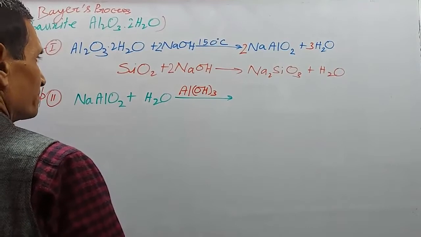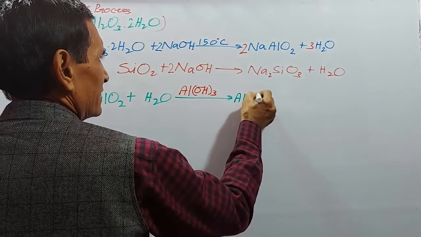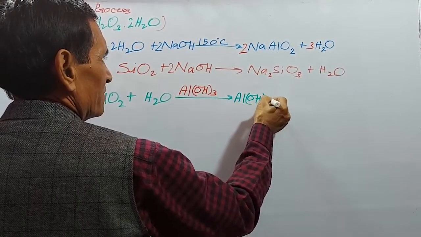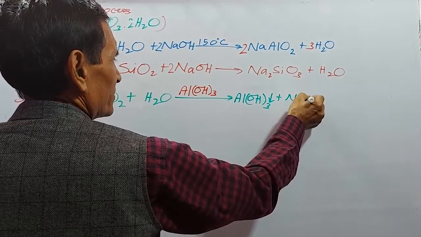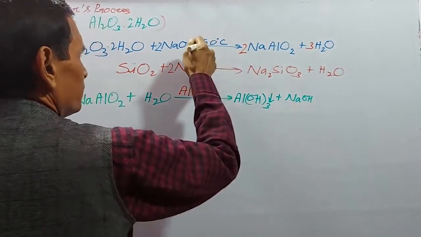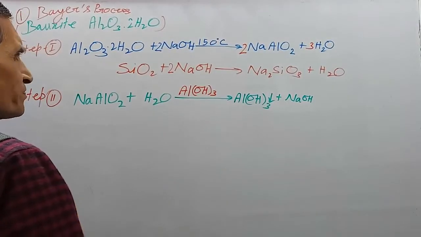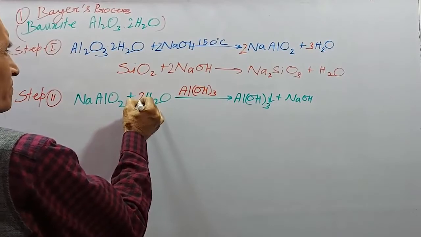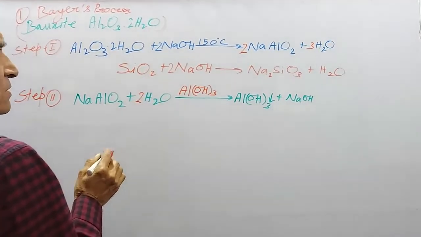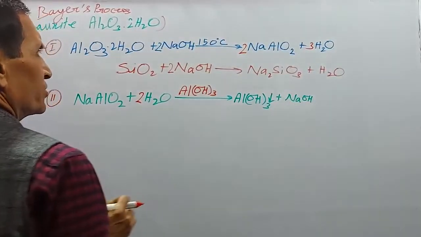Now there is formation of aluminum hydroxide precipitate plus NaOH. This NaOH is again used in the first step. Now balance the equation. NaAlO2 plus 2H2O form Al(OH)3 and NaOH.